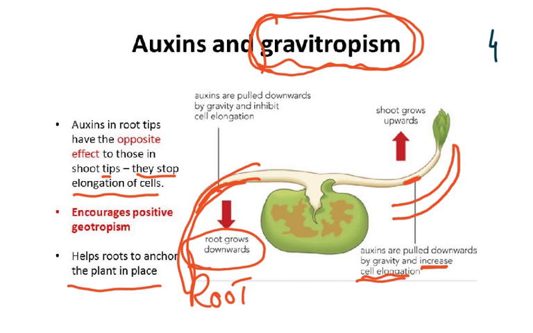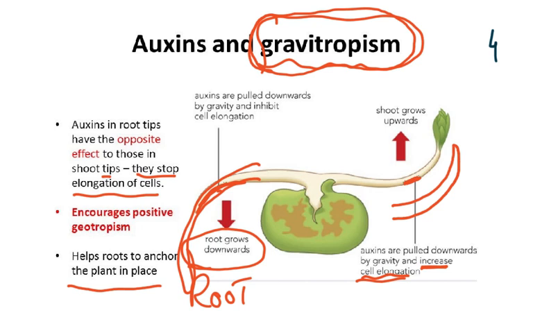So please understand this. In gravitropism, auxins are both on the lower side of the root and the shoot, but in the root, it inhibits cell elongation. Inhibits means stops, slows. In the shoot, it increases cell elongation.